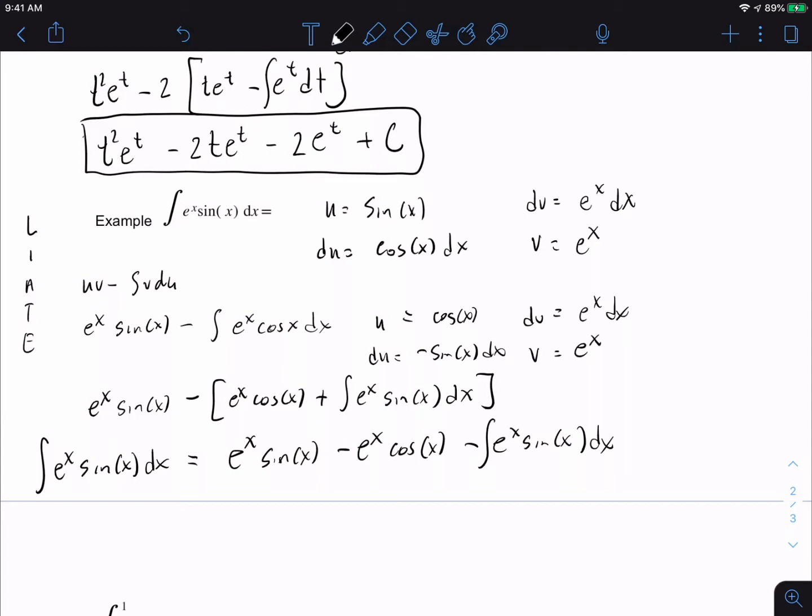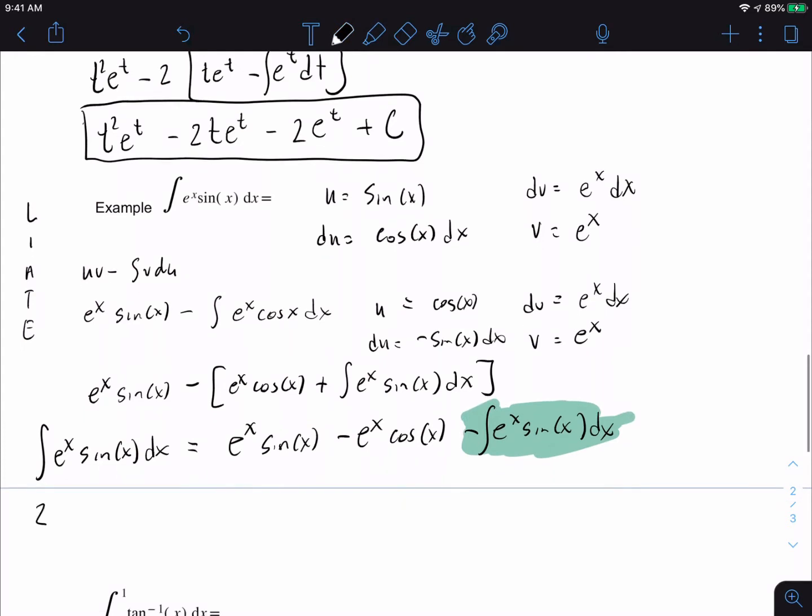So what I'm going to do is I need to bring this to the other side. So when I do that, I'm going to get 2 times the integral of e to the x sine of x dx is equal to e to the x sine of x minus e to the x cosine of x, correct?